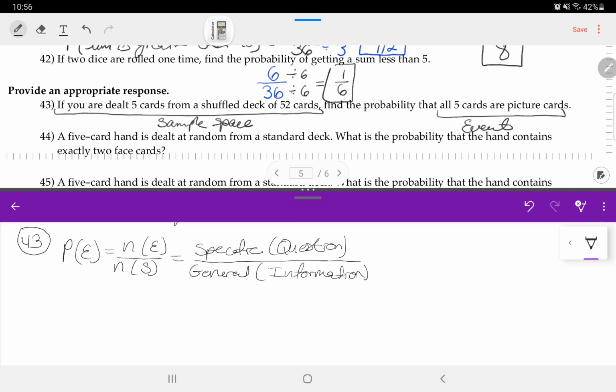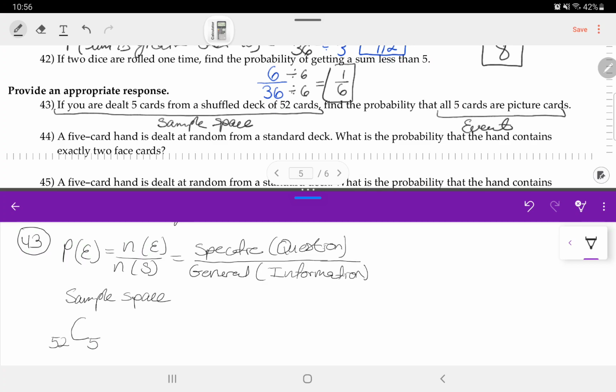When the order doesn't matter, when we're choosing distinct objects, and when repetition is not allowed, we are using combinations. So for my sample space, for number 43, it will consist of the combination of having 52 cards and being dealt 5, in which the order of being dealt the cards doesn't matter.